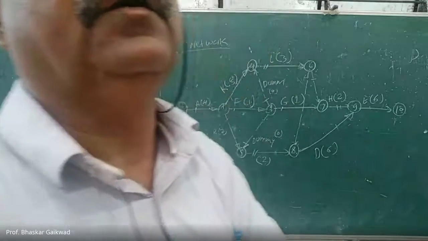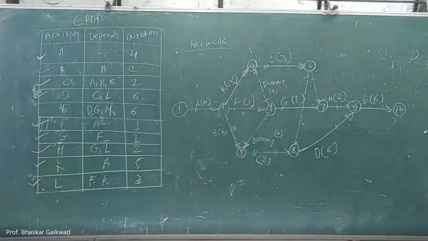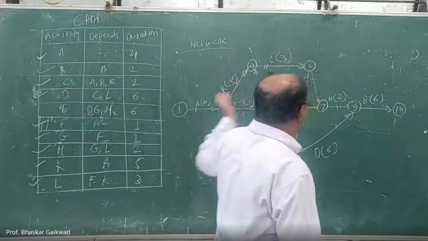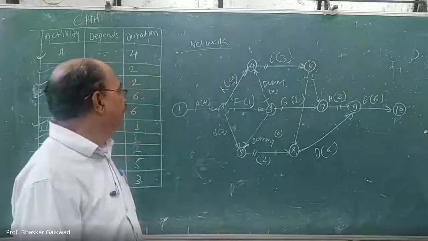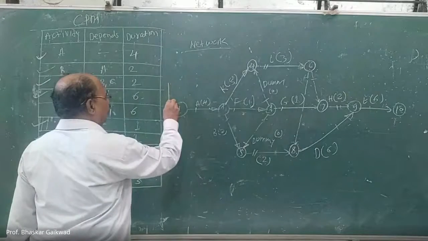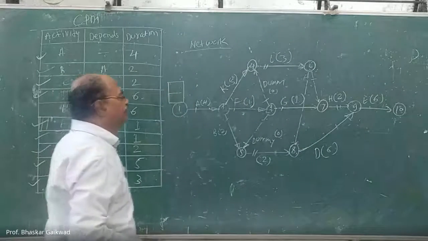Okay. Now find out the critical path. So this is the critical path. The longest path is critical. But initially, once you decide anything logically, you get it like this.